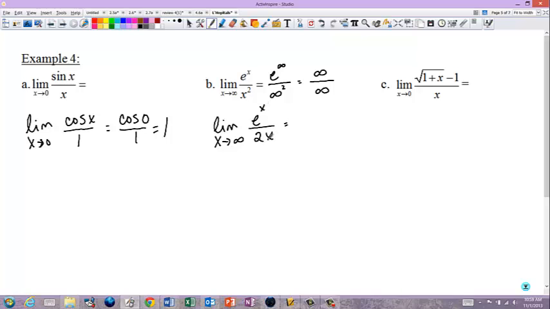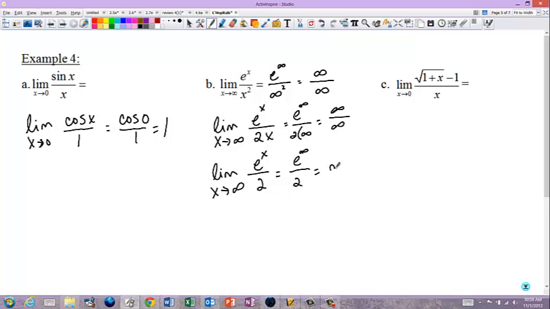Well, I still get infinity over infinity. So I do it again. The limit as x approaches infinity of e to the x over 2. Now I get infinity over 2, which is infinity, which does not exist, which I could have gotten from the original if I'd thought about e to the x being faster than x squared, so the top is bigger than the bottom, so therefore it does not exist.